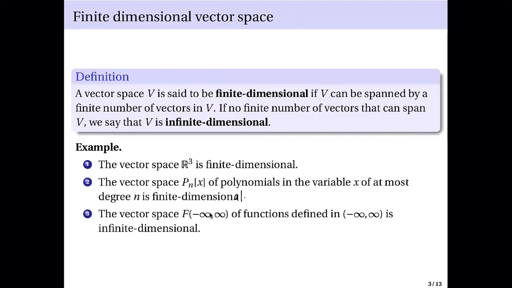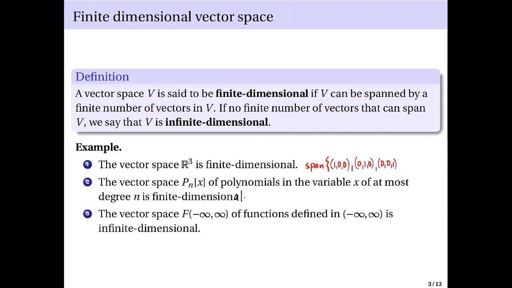To understand this better, in the vector space R3, you can get the span of the vectors (1, 0, 0), (0, 1, 0), and (0, 0, 1).